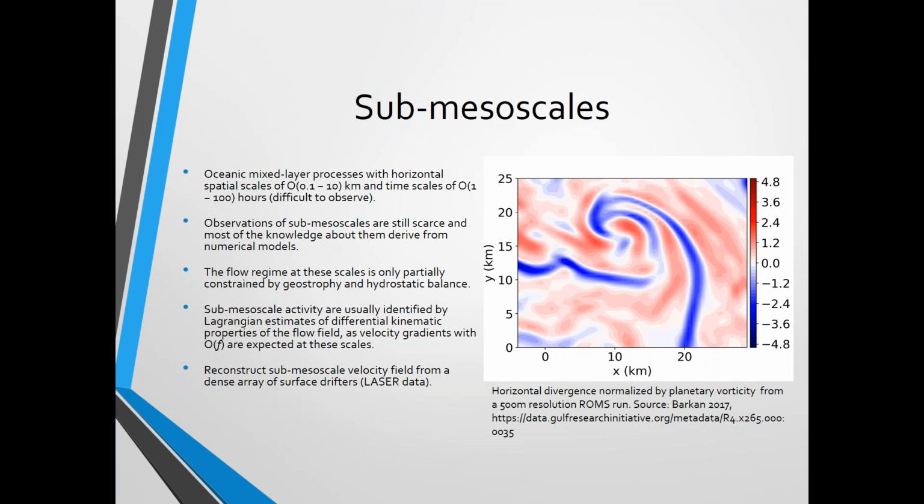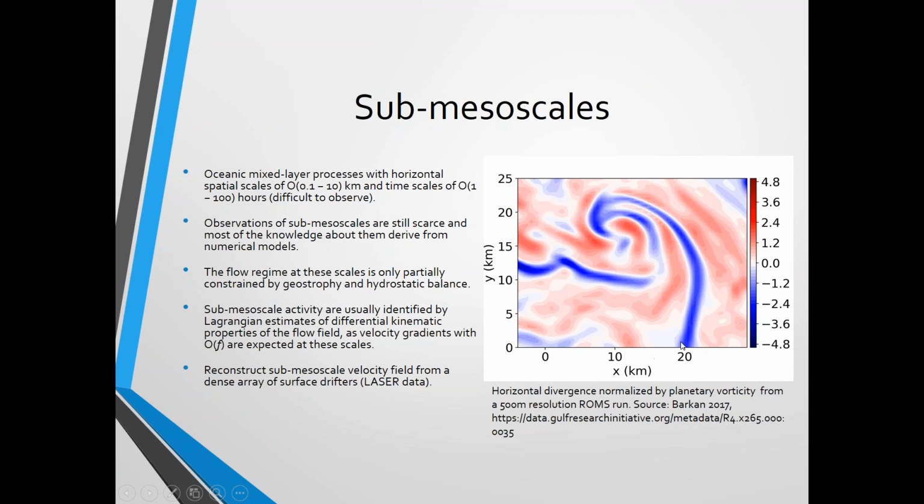And because of that, the observations of submesoscales are still rare, and most of the knowledge that we have of them comes from numerical models and idealized numerical simulations. An example here is the horizontal convergence, normalized by the planetary vorticity, from a simulation with 500 meters resolution.